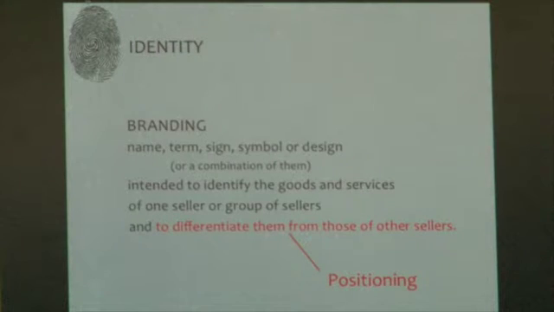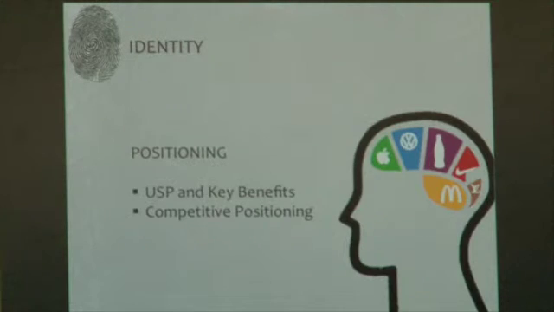And the last part of this definition deals with positioning. Not much emphasis was made on positioning, but positioning is about telling your story and what makes you different, and getting people to think about you whenever they think about your brand or your identity. Position refers to your brain.